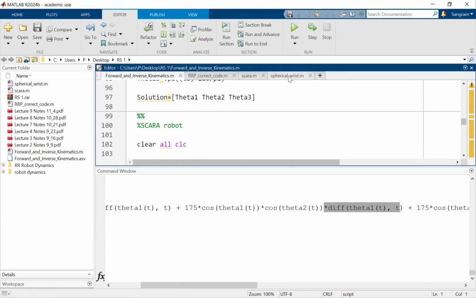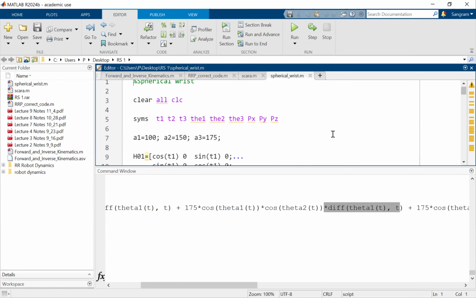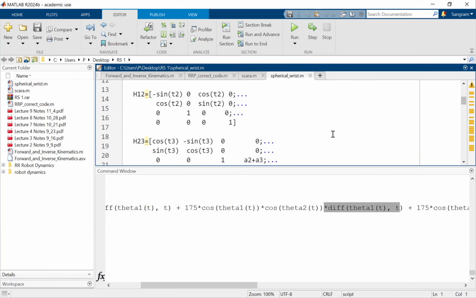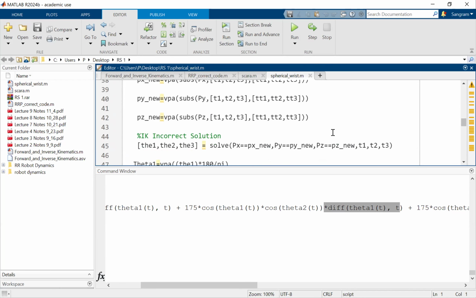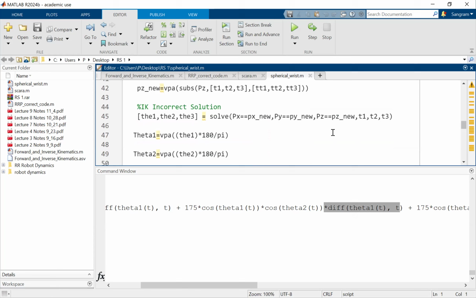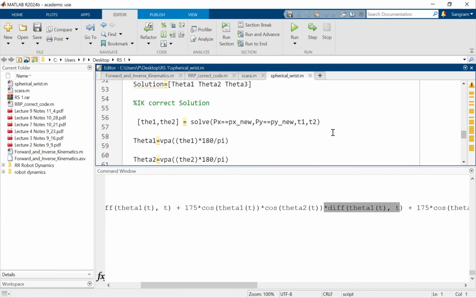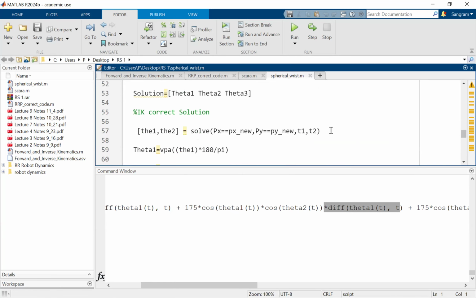And last but not least, this is the spherical wrist, wherein you have R perpendicular to R perpendicular to R, and I have solved the spherical wrist over here. Again, in the spherical wrist, you have the same issue. You can get an incorrect solution, so you want to be very careful with the way you calculate thetas, but I'm sure that you'll be able to figure this out.